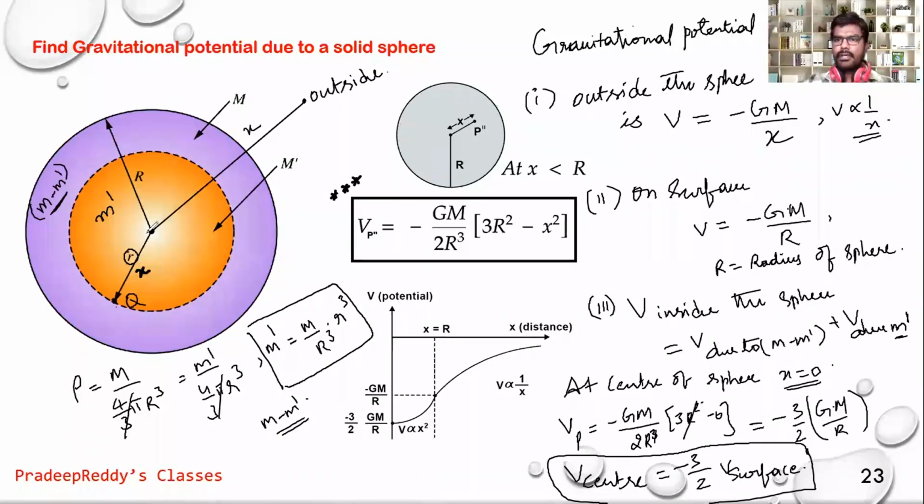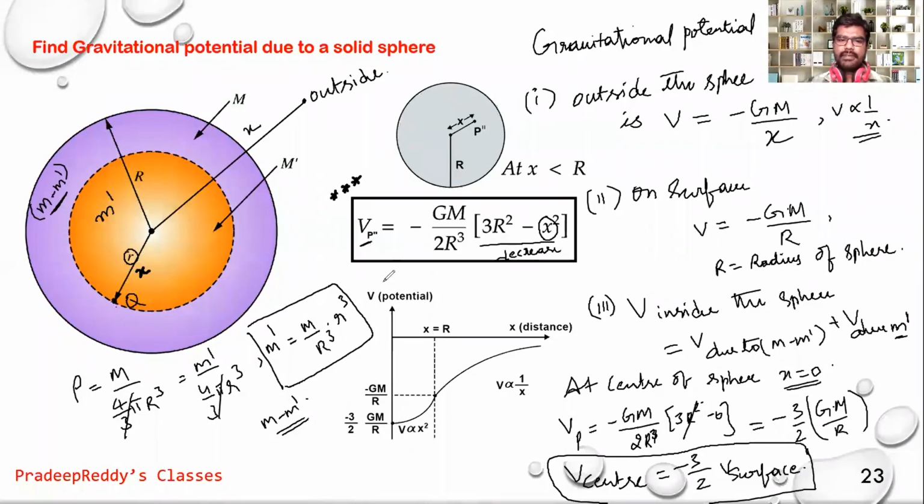And from the center, if you are coming out, what happens to this x value? The x value increases. As the x value increases, this total term decreases. And when this decreases, potential due to that sphere also decreases. So from the center, if you are calculating gravitational potential, gradually it decreases with x, and at the center it has the maximum value.